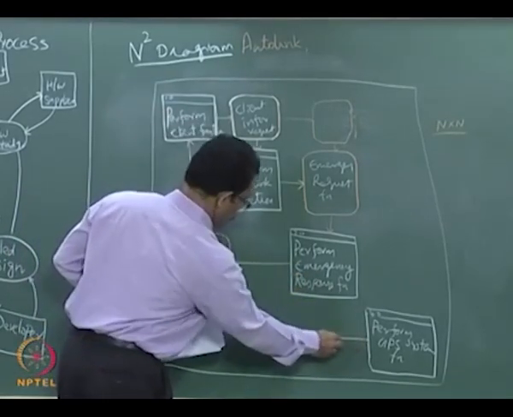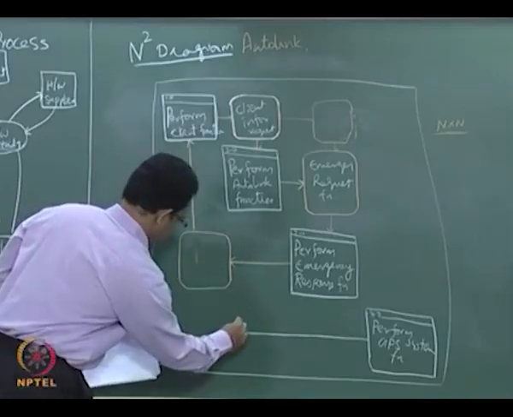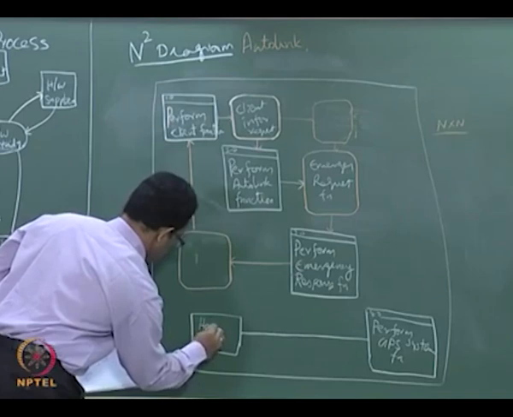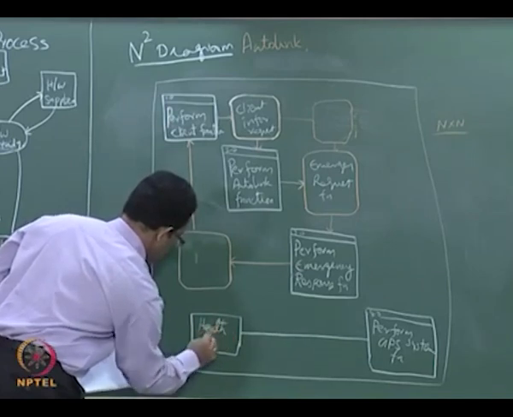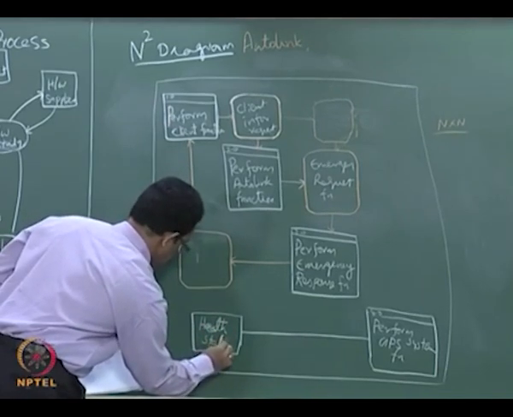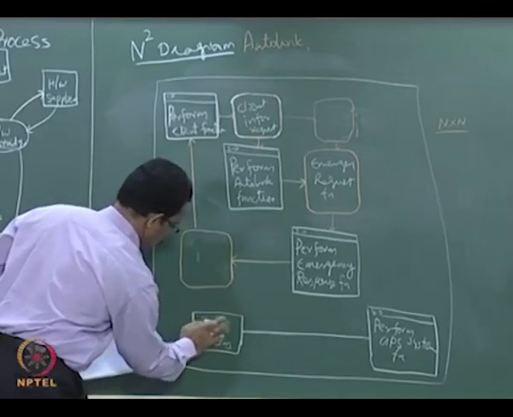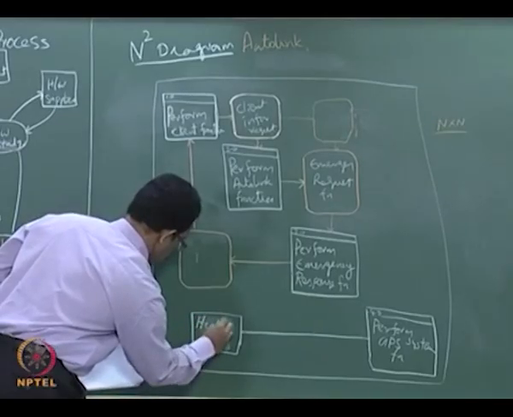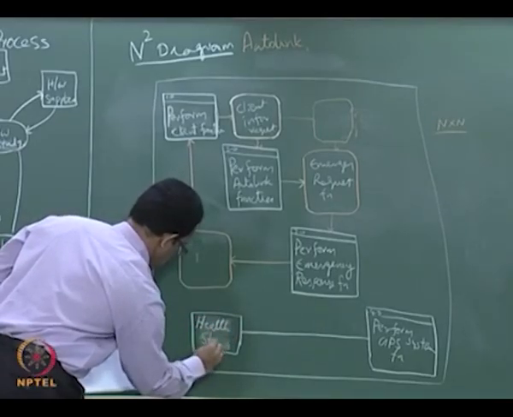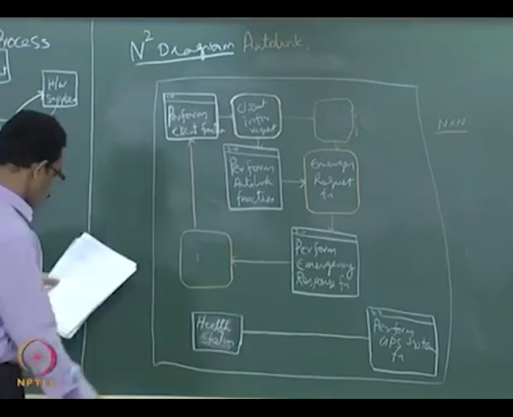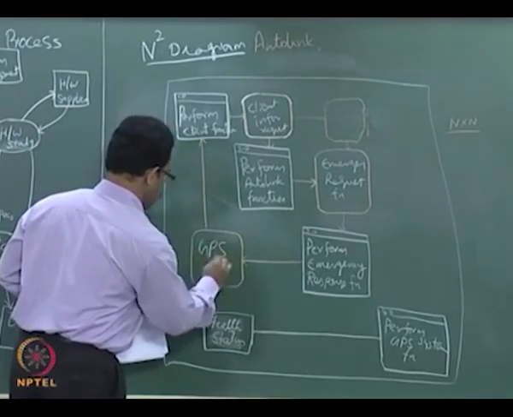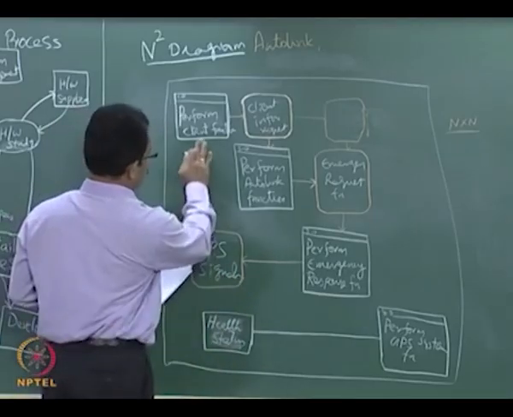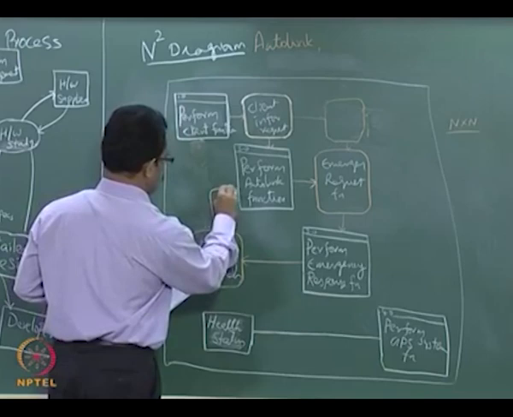Similarly, from the GPS you will be getting the data, the GPS signals will be coming here. So the GPS health status as well as the information. The health status will be provided, and there will be the GPS signals, and this will be connected to this one.